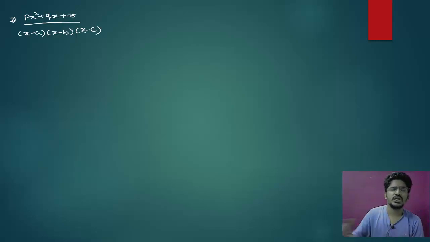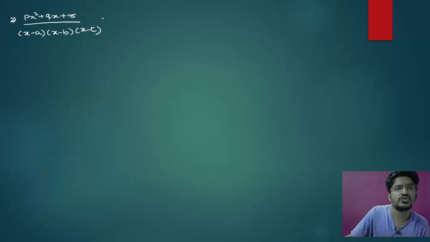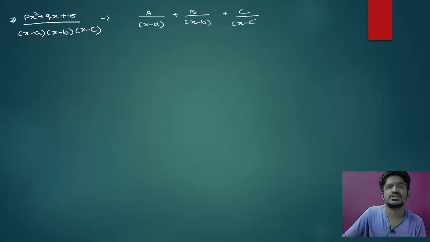So my dear students, here also you can see that x − a, x − b and x − c are the linear non-repeated roots. So this can be decomposed as A divided by (x − a) plus B divided by (x − b) plus C divided by (x − c).